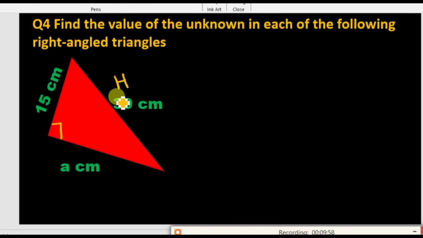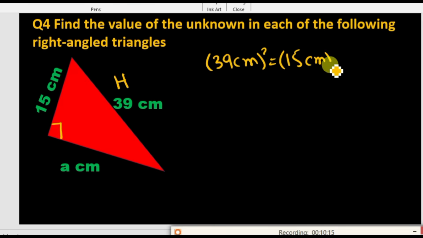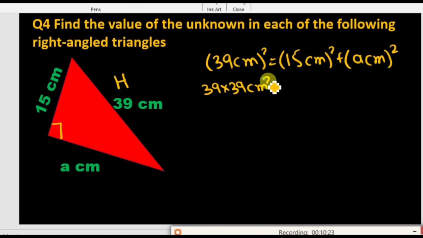H square is equal to the sum of the other two sides: 39 centimeter square is equal to hypotenuse squared, which is the sum of 15 centimeter square plus a centimeter square.